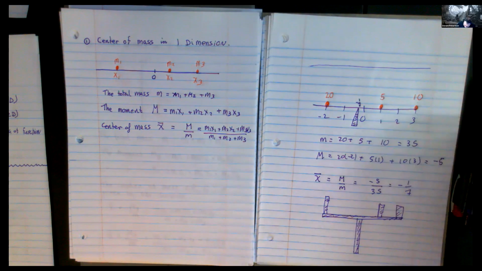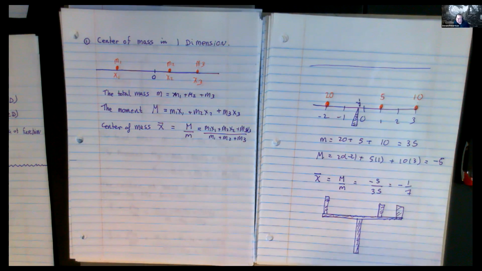So people in construction, people who build things or design objects, are very often interested in the center of mass for all sorts of reasons. For instance, if you want to find the center of mass of a ship, which is a much more complicated version of this but the same idea, do you know the most stable ships have a center of mass which is near the center of the ship and as low down as possible?